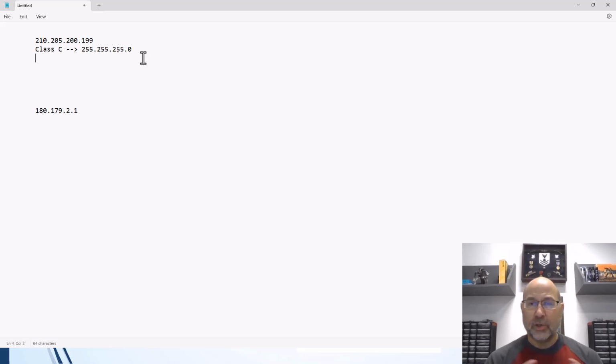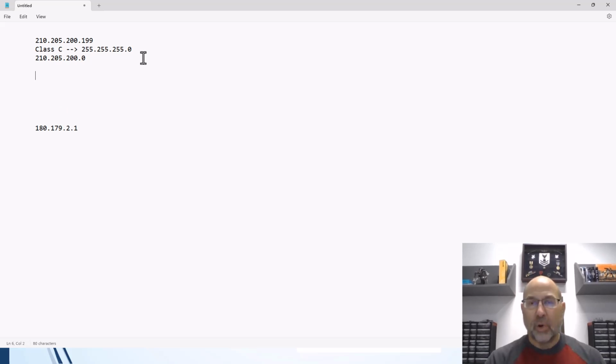If I take the host portion and just make it all zeros, now what they really mean by that is to convert to binary, but we'll show both. So what I really do here, the class structure is really, really easy, so it's a little misleading. So that's why we're going to do both. So here if I do 210, 205, 200, and then I just put zeros in the host portion, well, that's my network address. So my network address in this case is 210.205.200.0.